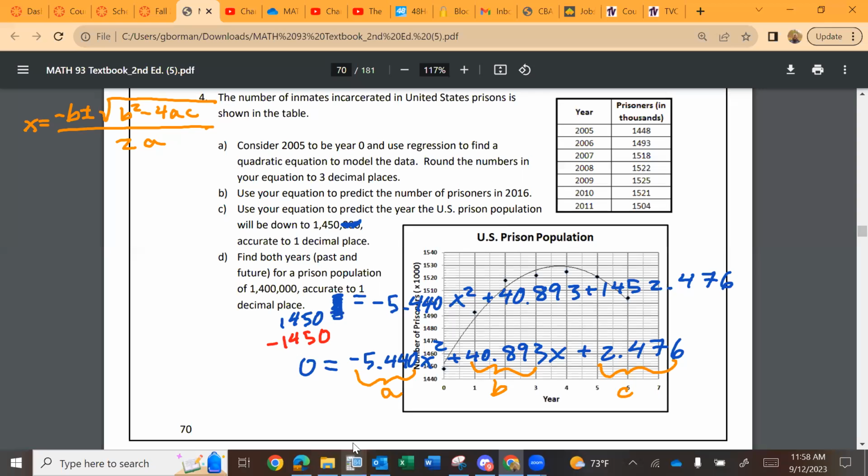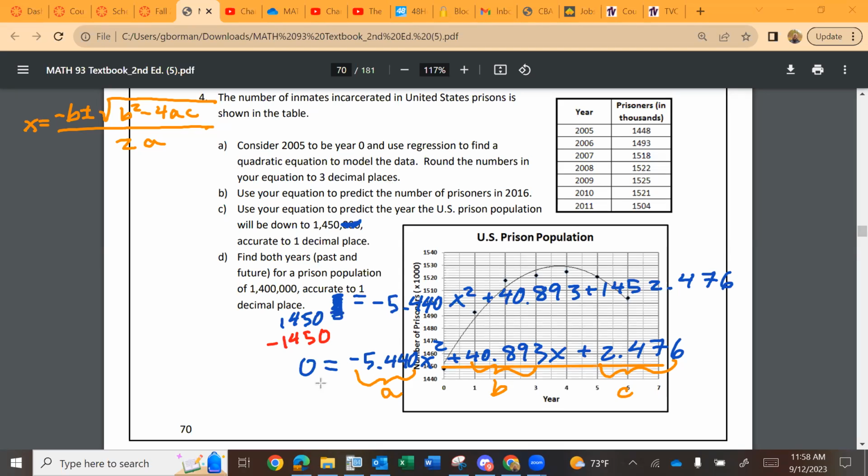Because in this problem, part C, it said, use your equation to predict which year the population will be 1450. Well, 1450 is going to be right about there.